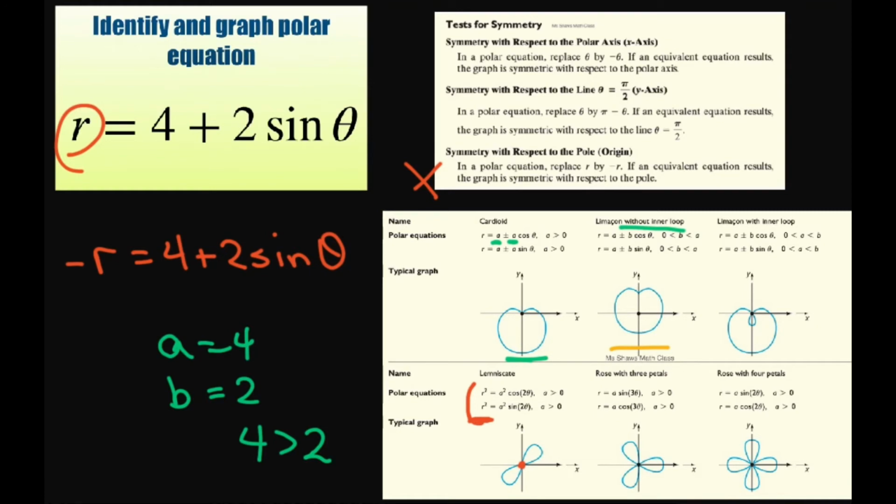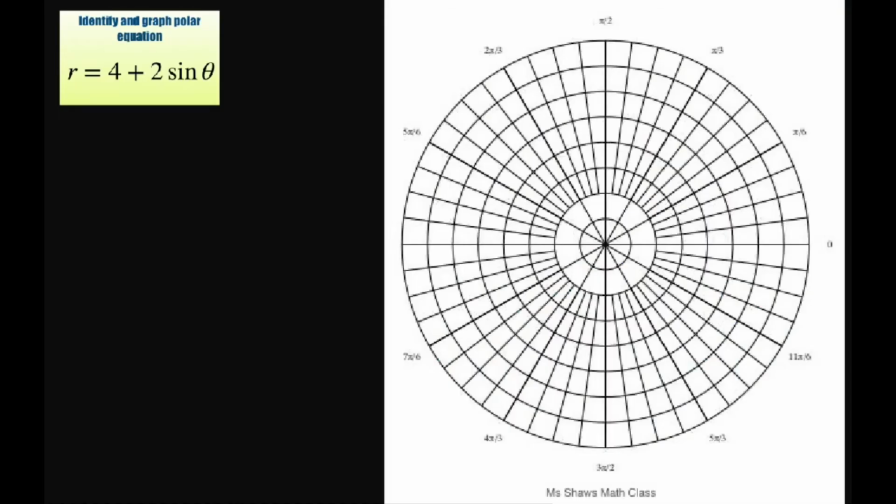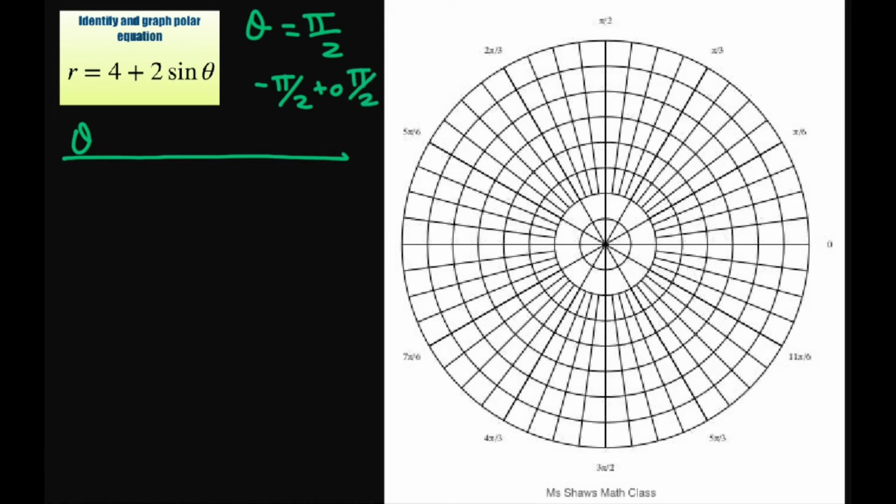So let's go ahead and graph it. Since we know it's symmetric to the line theta equals pi divided by 2, we're going to assign values to theta from negative pi divided by 2 to pi divided by 2. That way we don't have to crank out so many values, and we can just go by symmetry.